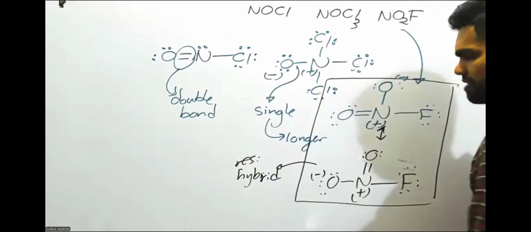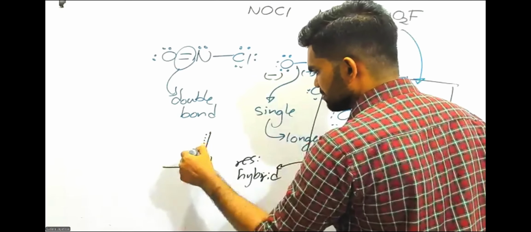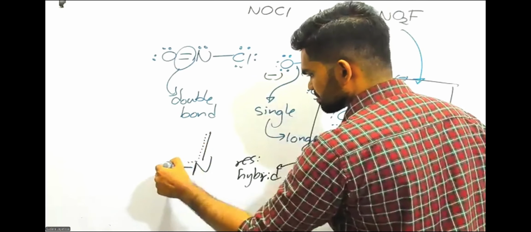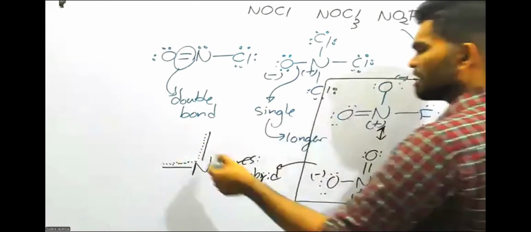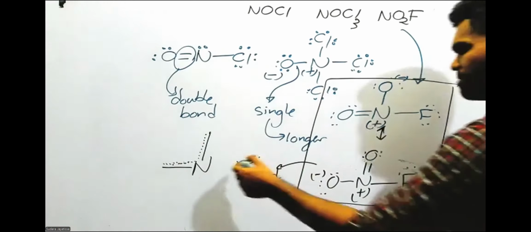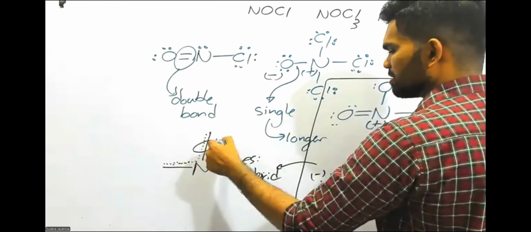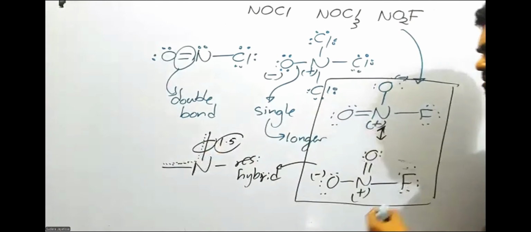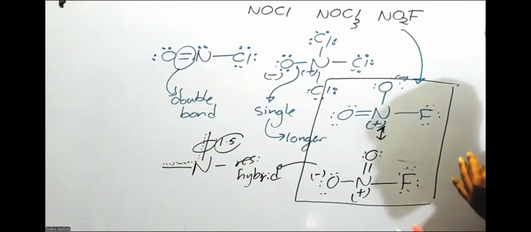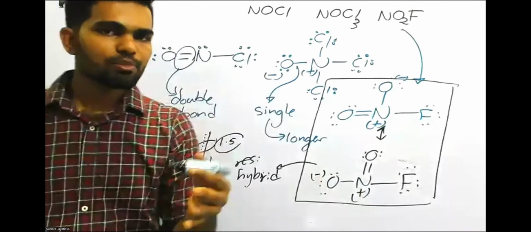In that hybrid, you will have NO partial pi bonds, so it has in-between single and double bond character. Understand? So we say the bond order is 1.5, remember? That means it should have an in-between bond length for the single and double bond.